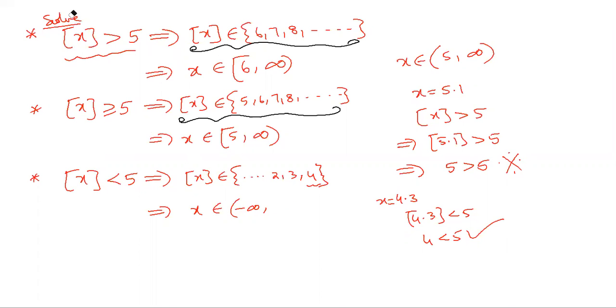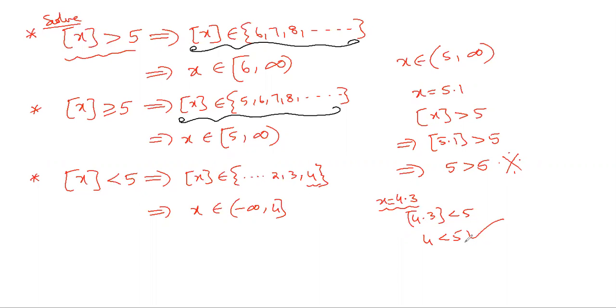If you write x up to closed interval 4, then x equal to 4.3 is missing. If you substitute 4.3 in the original inequality, it satisfies. So 4.3 should be a part of the solution, right?